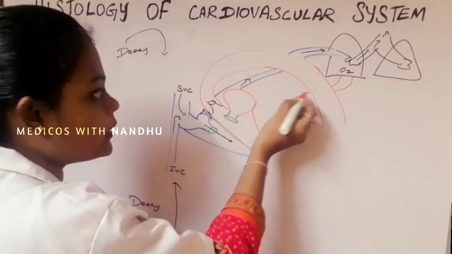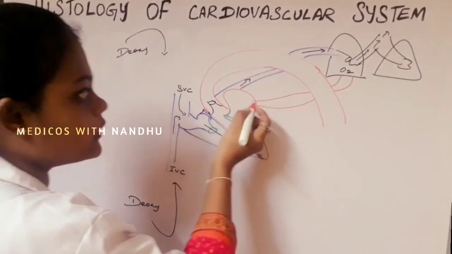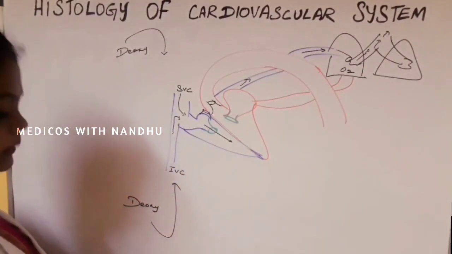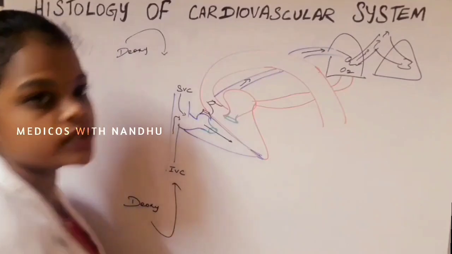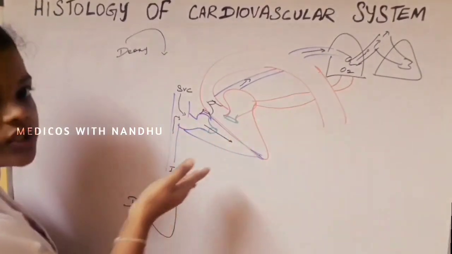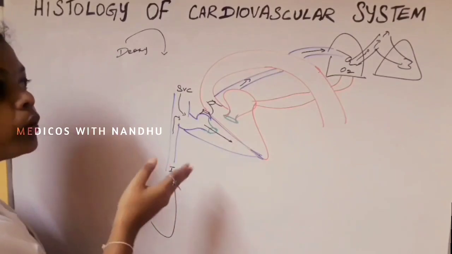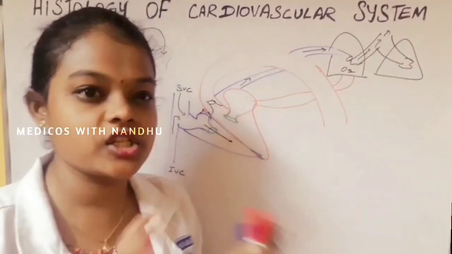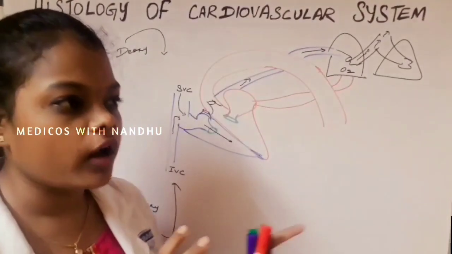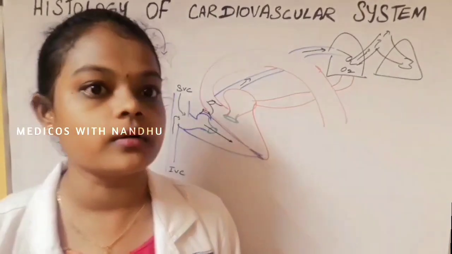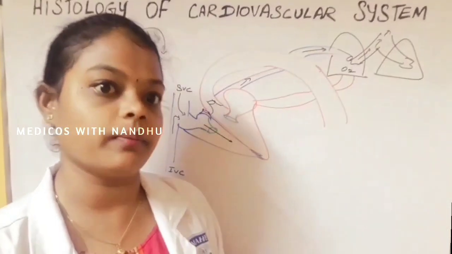The pulmonary vein attaches to the left atrium. The pulmonary artery collects the deoxygenated blood, and the pulmonary vein here collects the oxygenated blood. There are two things which are interchanged here. Normally the arteries collect the oxygenated blood and veins collect the deoxygenated blood.